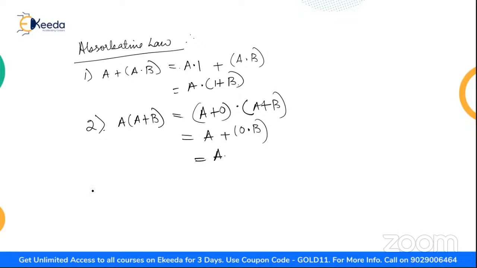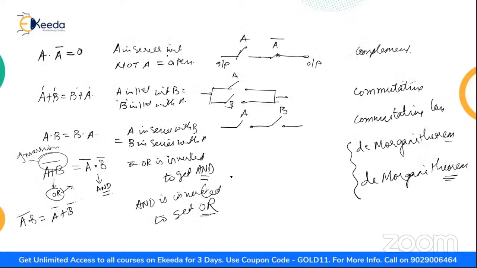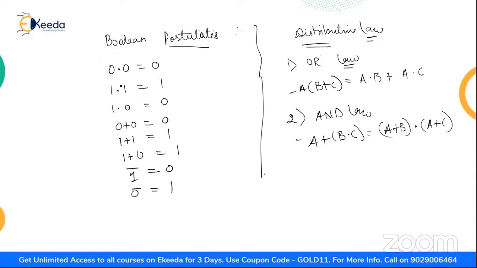Next one is the associative law. Postulates are different. You can say what the postulates are: these are the Boolean postulates. These are different operations: and, or, and negation, or complements.